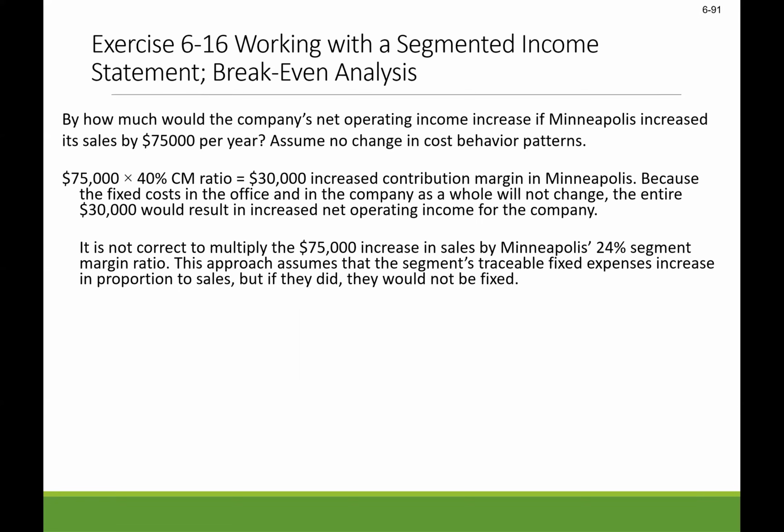It's not correct to multiply the 75,000 increase by just the Minneapolis segment ratio. This approach assumes that the segment's traceable fixed expenses are going to increase in proportion to sales. So if you're making a decision about an increase in the Minneapolis division, you'll use the overall contribution margin ratio, not just that locale.